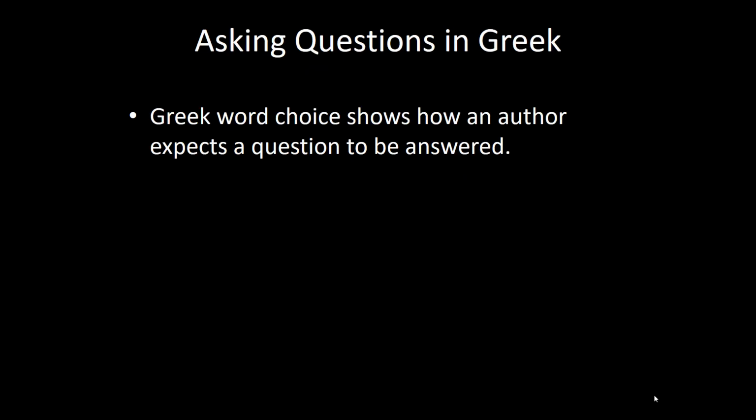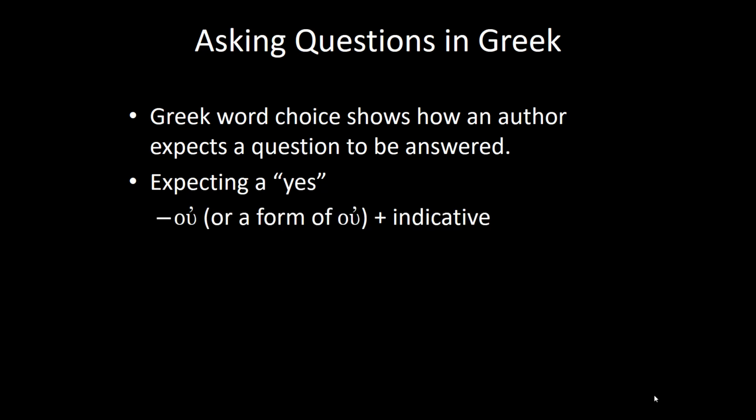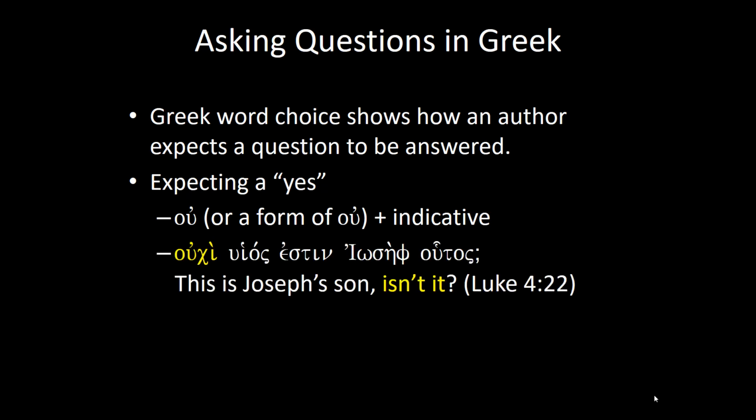So speaking of questions, Greek will do something that shows you how the author or speaker is expecting someone to answer the question. If the author or speaker is expecting a yes, they can use ou, or a form of ou, plus the indicative mood. So here we have a form of ou.